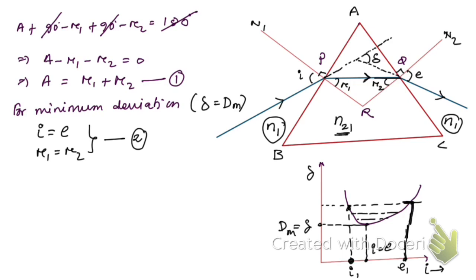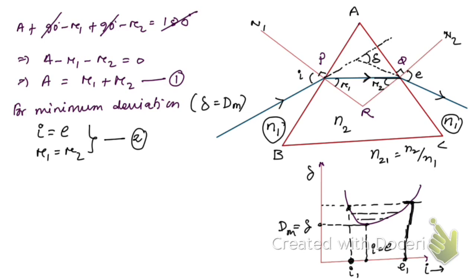Actually this is the refractive index of the material of the prism with respect to the medium by which it is surrounded, right? Hope you have understood this. So if you take the absolute refractive index, it must be n2, and n21 is actually n2 by n1, right? Hope you have understood this.